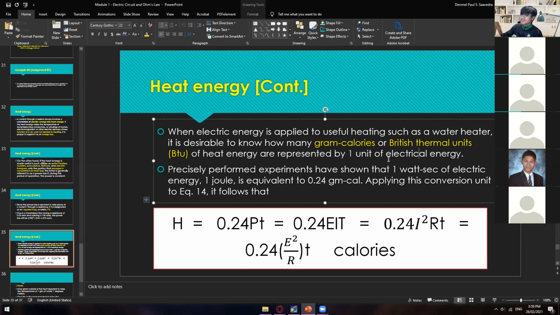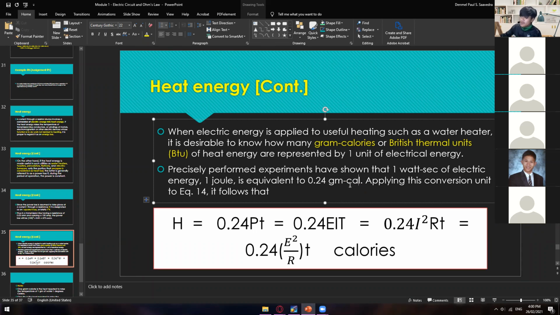Okay, so precisely performed experiments have shown that 1 watt second of electric energy is 1 joule, and it is equivalent to 0.24 gram calories. So meaning your 1 watt can heat up 0.24 gram calories.